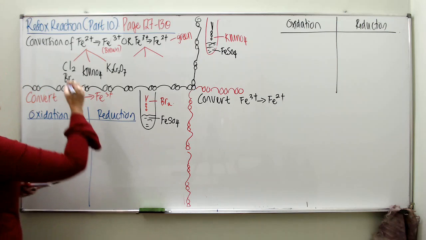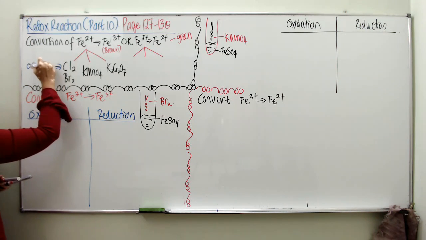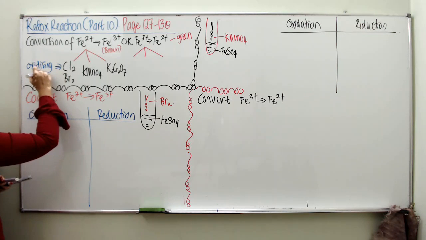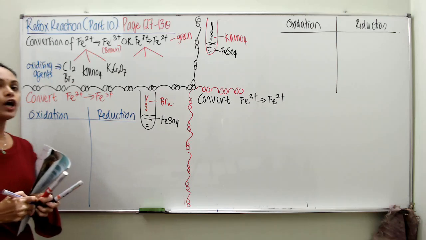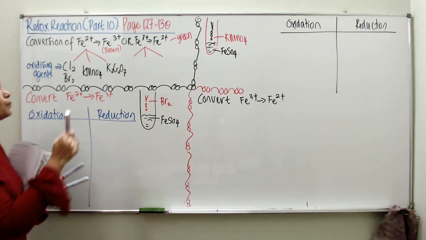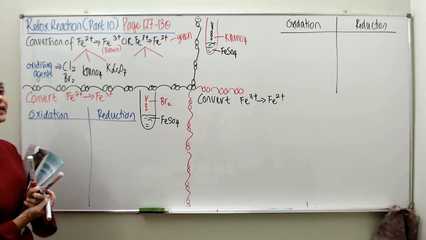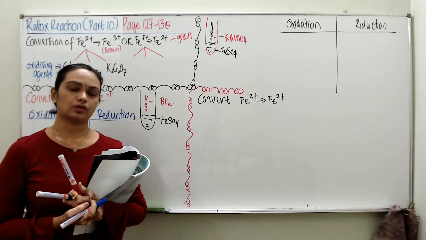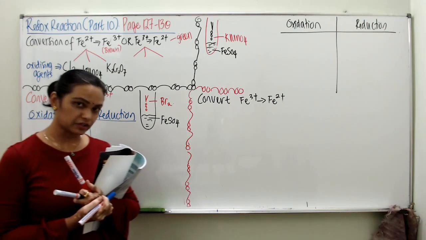Examples of oxidizing agents are chlorine, bromine, halogens, potassium manganate 7 and potassium dichromate 6 solution. These are the popular oxidizing agents.